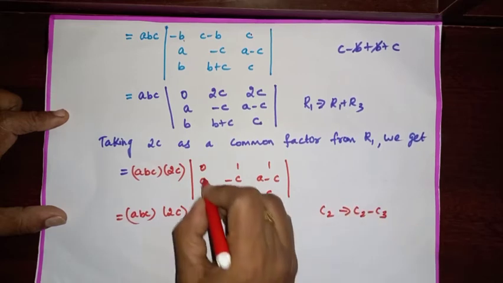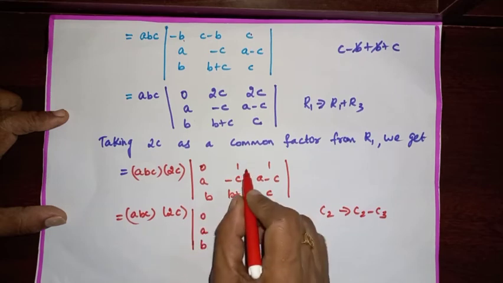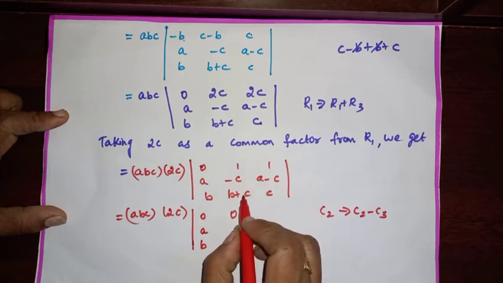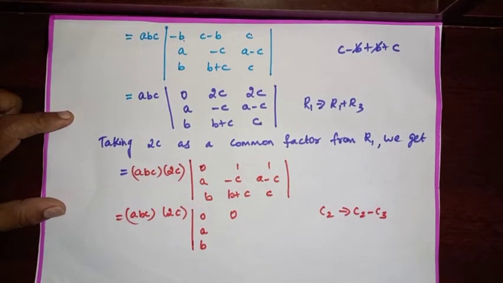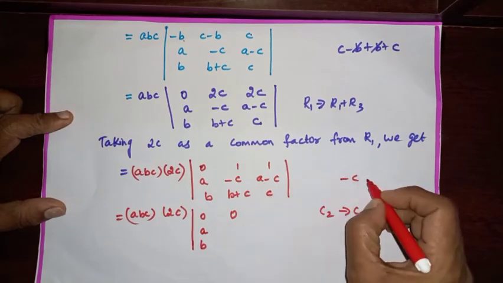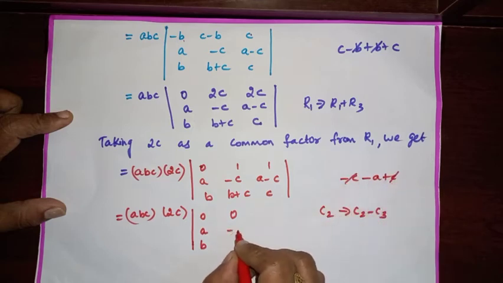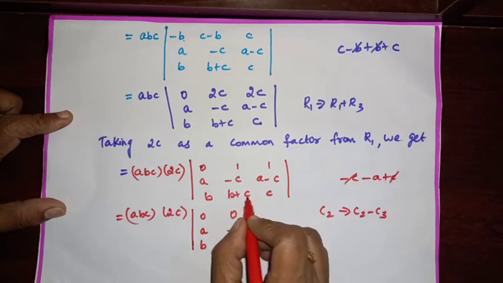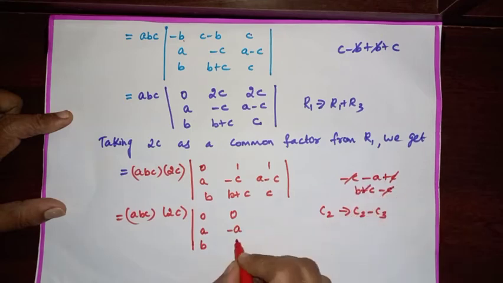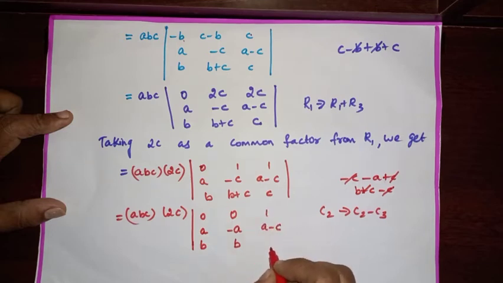So we write column 1 as it is: 0, A, B. Column 2 minus column 3: 1 minus 1 is 0. Minus of A minus C is minus A plus C, plus C minus C will be cancelled, we get minus A. B plus C minus C, plus C minus C will be cancelled, then we have B. Column 3 we write as it is.